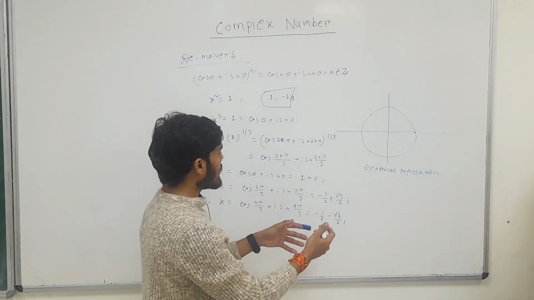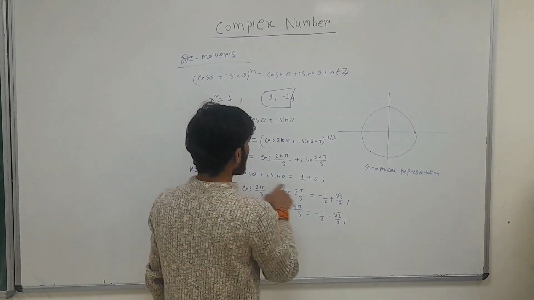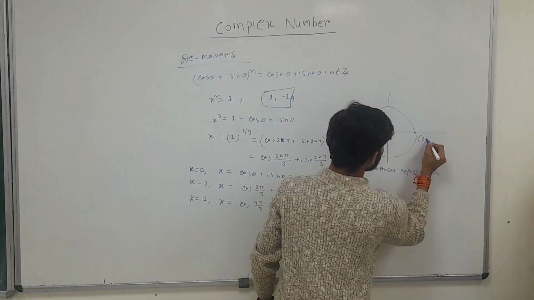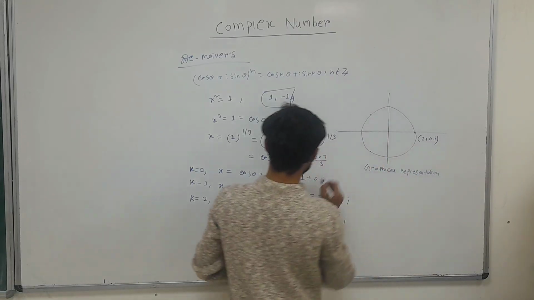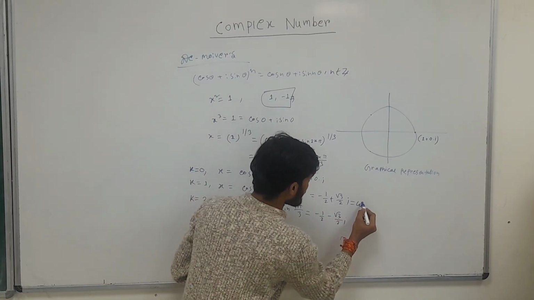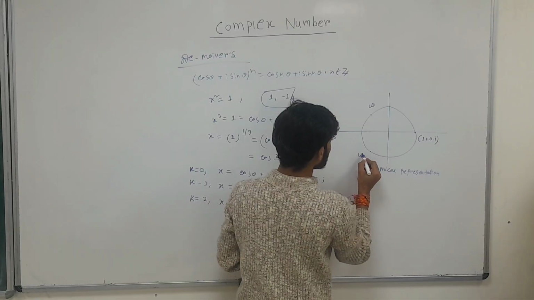So let us see the graphical representation of this. If one root is 1 plus 0 into iota, let us mark this point, and this point is omega and this point is omega square.